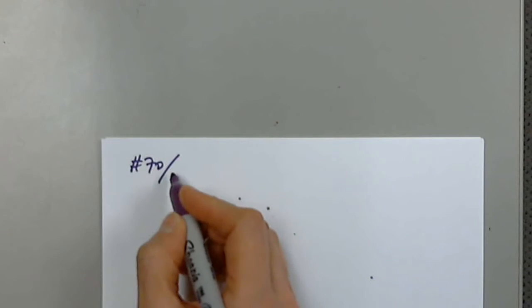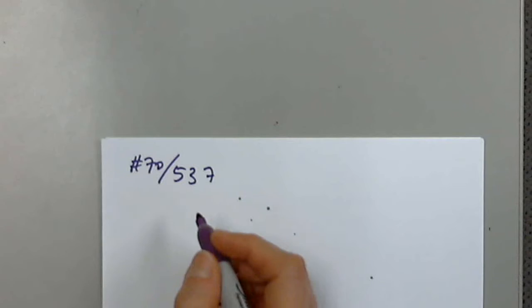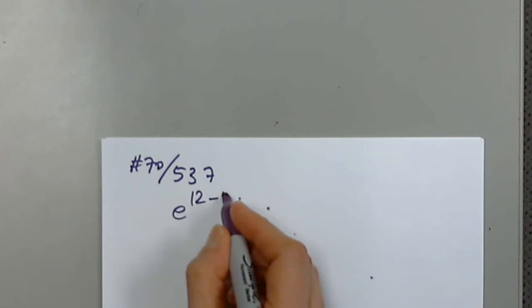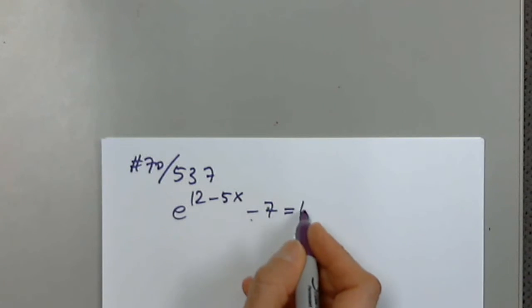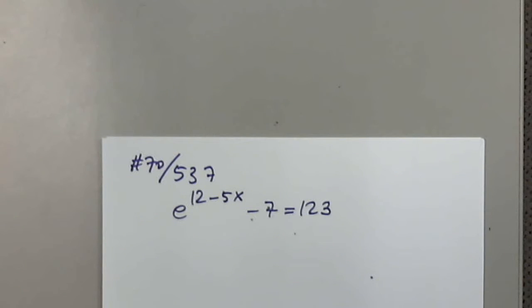Okay, so let's look at problem 70 on page 537. e to the 12 minus 5x, minus 7, equals 123. So I'm asked to solve this equation. First of all, I'm going to look at it and say, oh, I know, it's exponential.